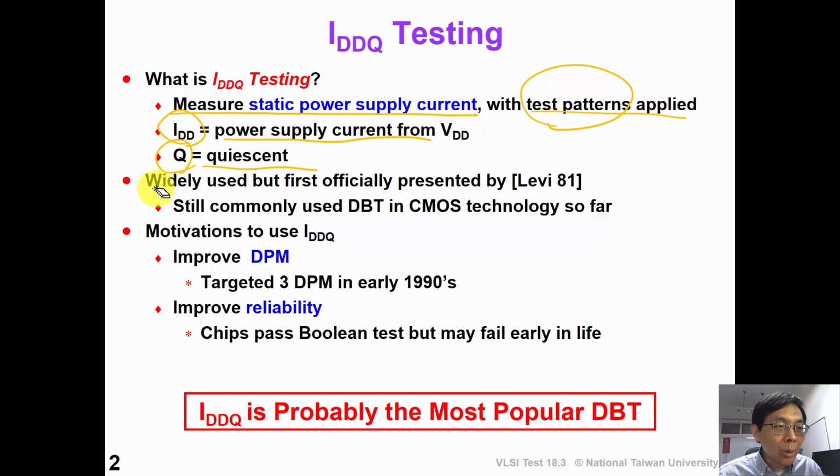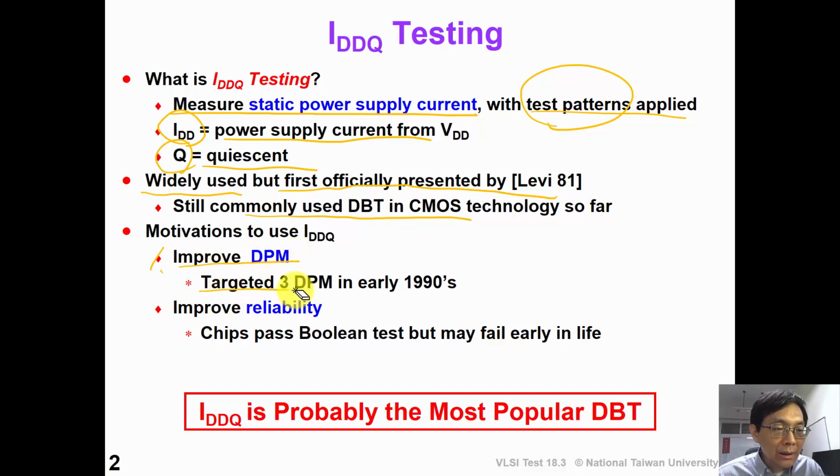IDDQ testing was widely used, but it was first officially presented by Levy in ITC 81. It is probably the most commonly used DBT in CMOS technology. The motivations to use IDDQ can be, first, we want to improve our DPM.